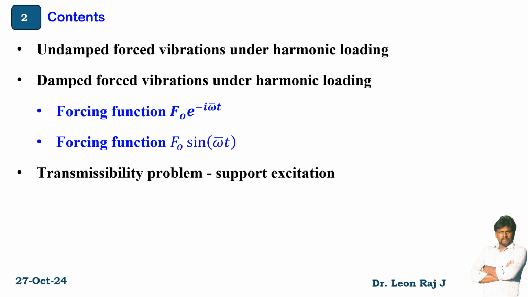So the contents of this lecture include undamped forced vibrations under harmonic loadings, that is, derivation of undamped forced vibrations under harmonic loading, and the derivation of responses of damped forced vibration systems under harmonic loading. Here the forcing function is equal to F0 e power minus i omega t, and the forcing function is nothing but F0 sin omega bar t.